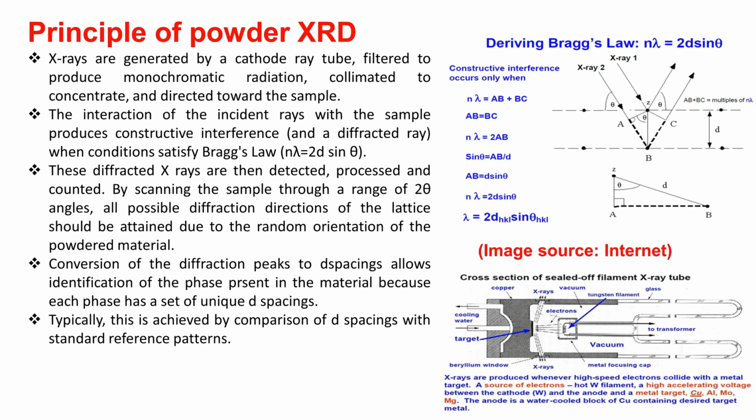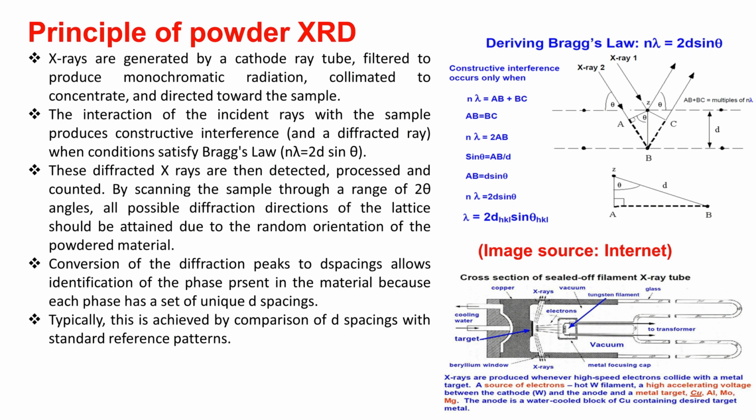The interaction of the incident rays with the sample produces constructive interference when conditions satisfy Bragg's law. Constructive interference occurs only when the path difference of the incident X-rays is equal to a whole number multiple of the wavelength lambda, that is n lambda.